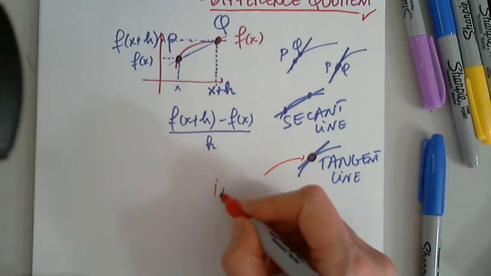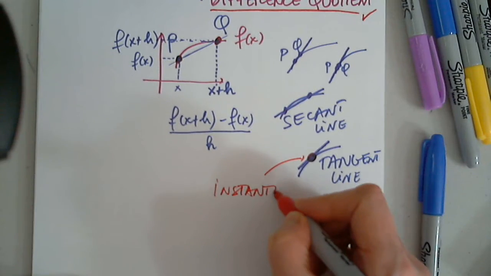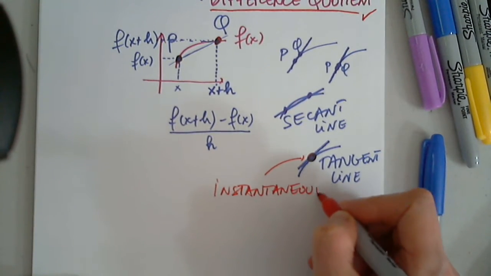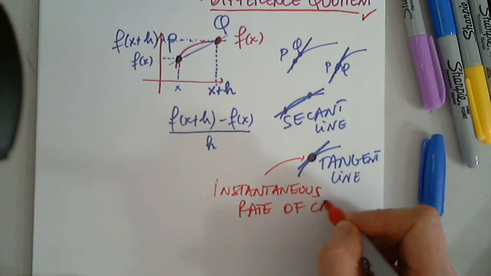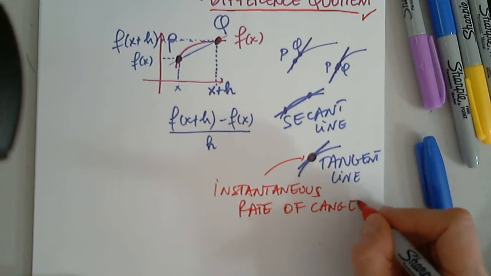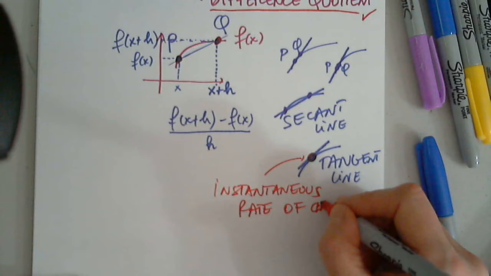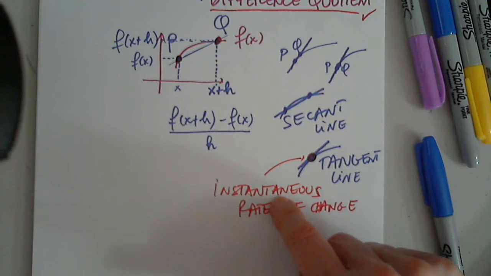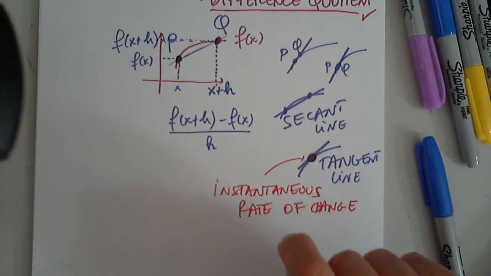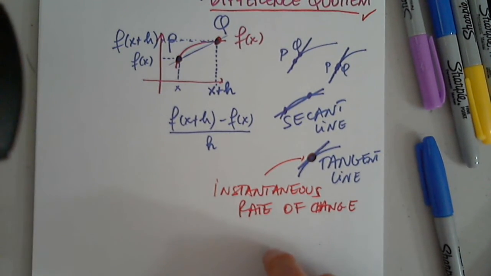So I want the instantaneous rate of change. And I gave you that example with driving to New York, and then you calling me and asking me what is your instantaneous rate of change. You want the rate of change at that moment.